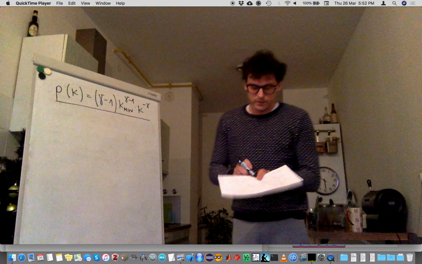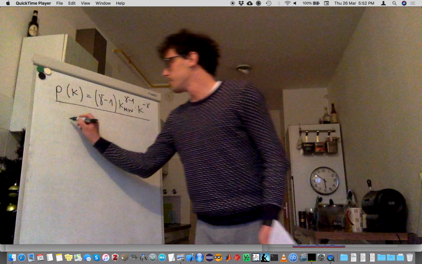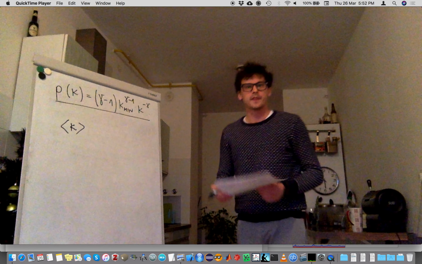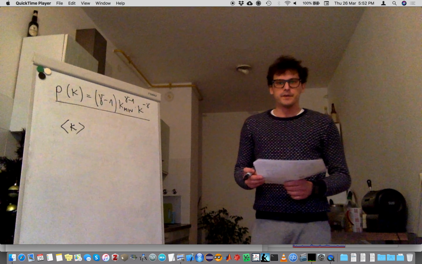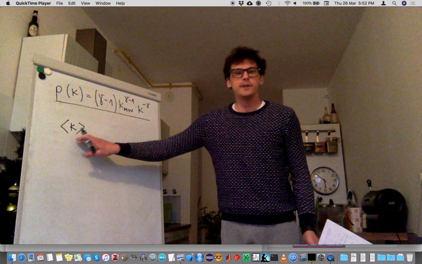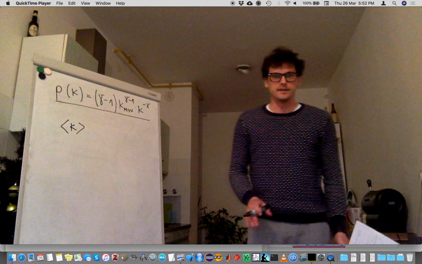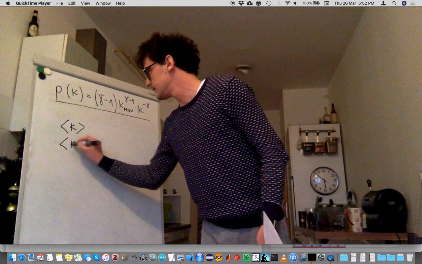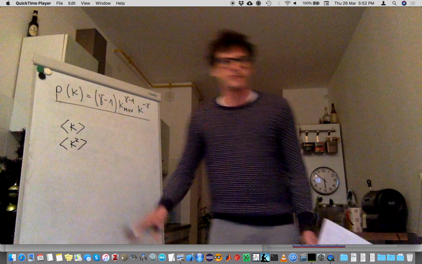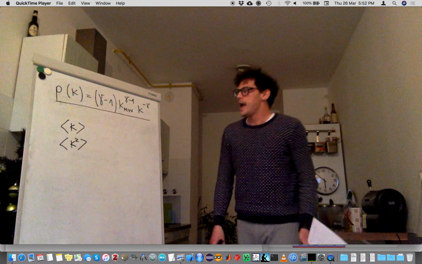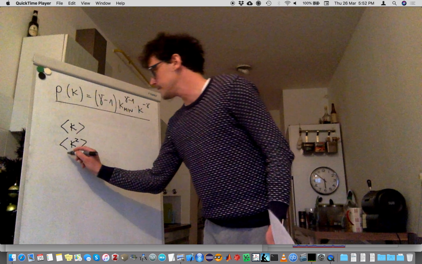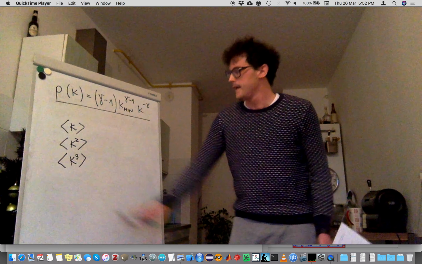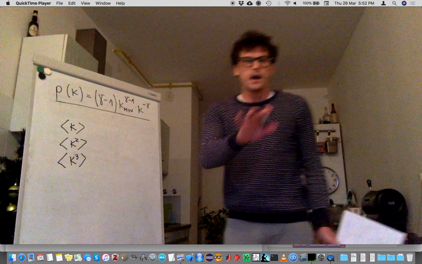So in our case, when we are dealing with the degrees, the first moment is simply the average degree. Now, the second moment is the average of the squares of the degrees, so the expected value of k squared. And finally, the third moment would be the expected value of k to the power of 3, and so on and so forth.